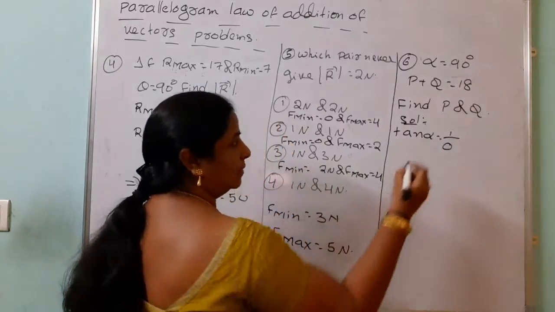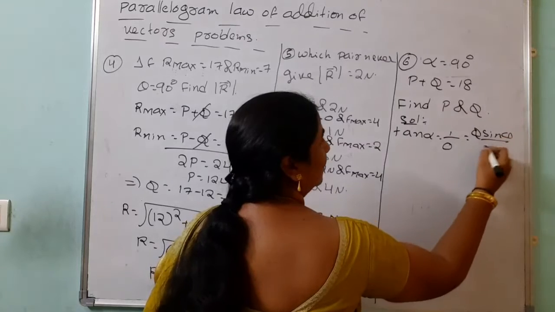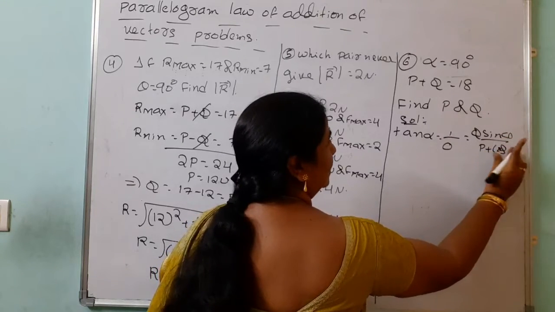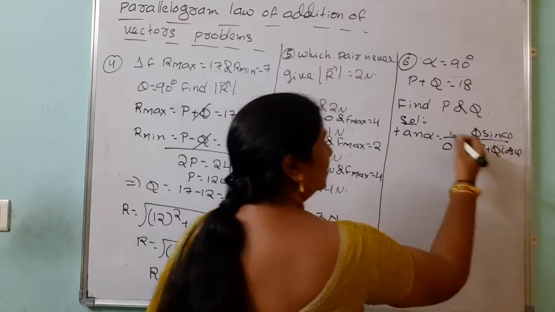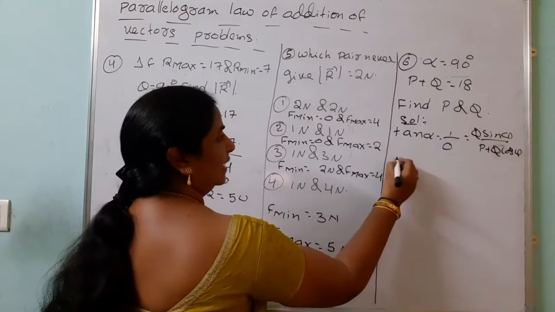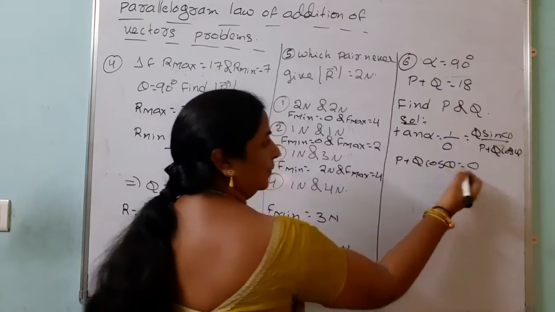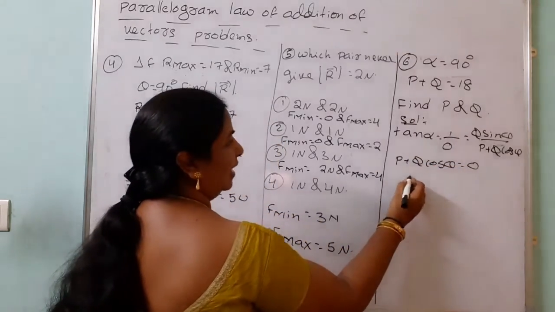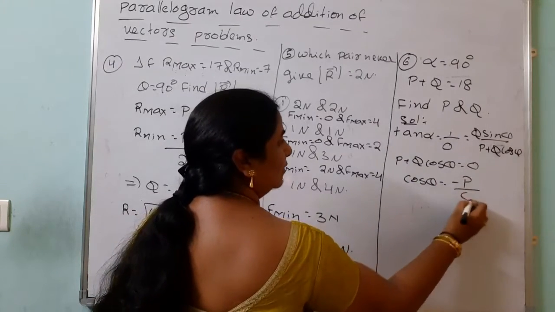Very important concept. Here the formula is Q sin theta by P plus Q cos theta. When we do the cross multiplication, we get P plus Q cos theta equals 0. After simplification, cos theta equals minus P by Q.